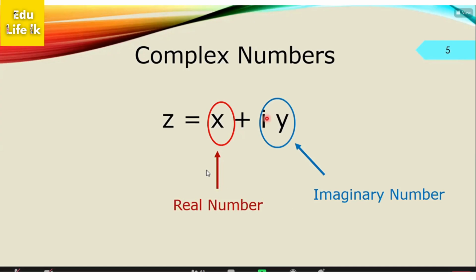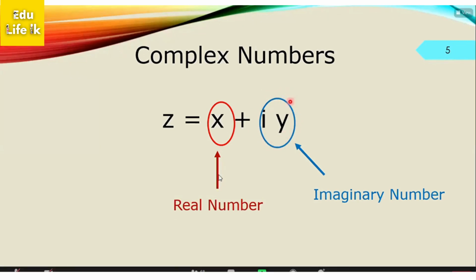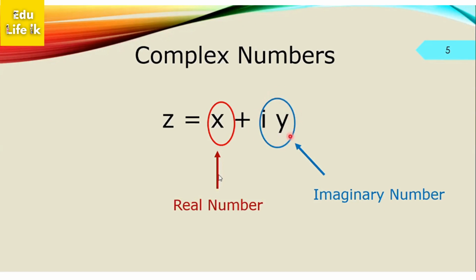We have a real number called X. The imaginary number is I times Y, I times any letter. Imaginary numbers don't exist in the real world. But if you add them together, you will get a complex number.